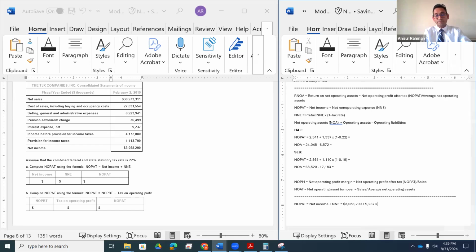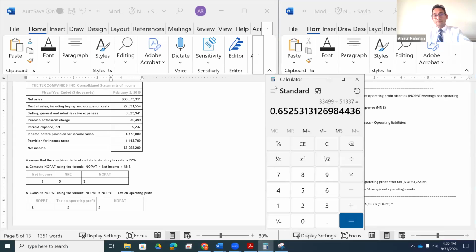That is the only net non-operating expense. 1 minus the tax rate, 32%. See how much we get.